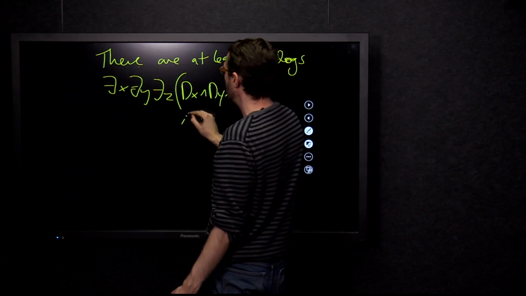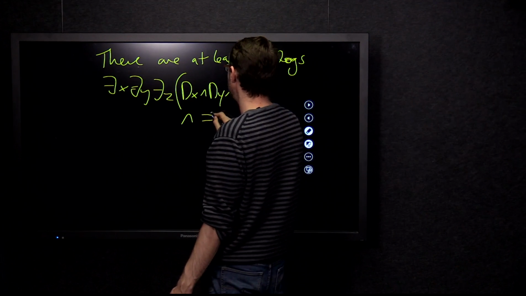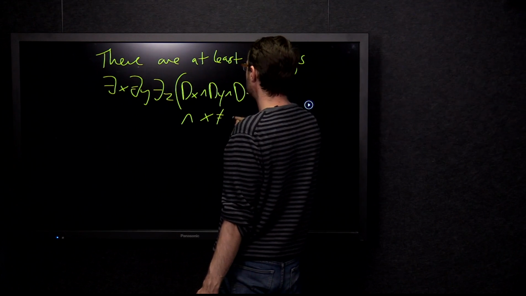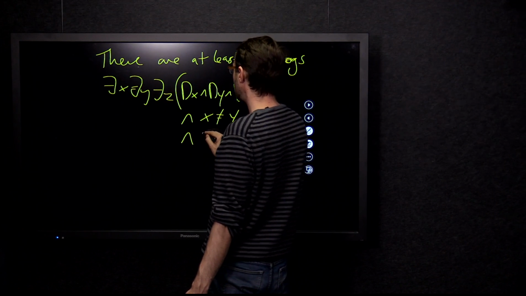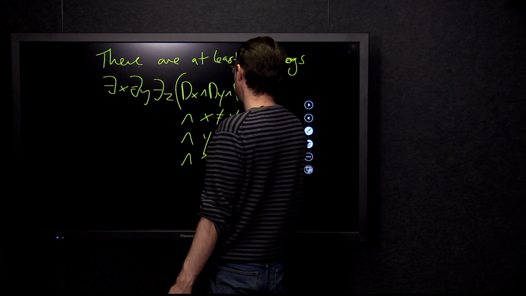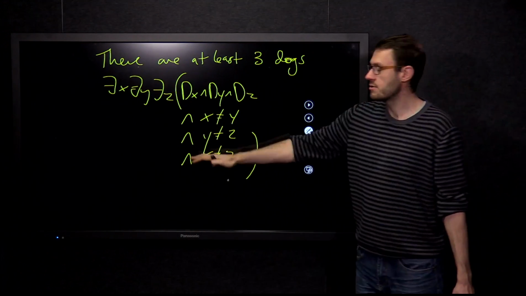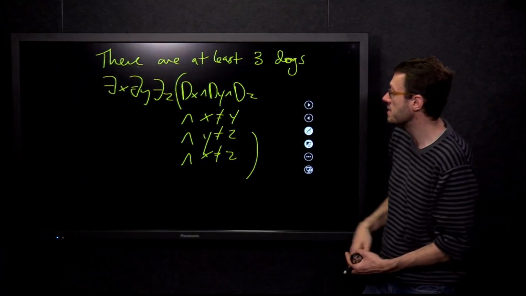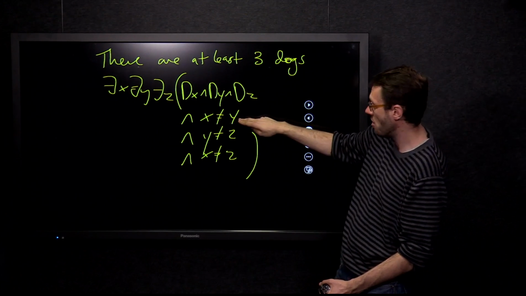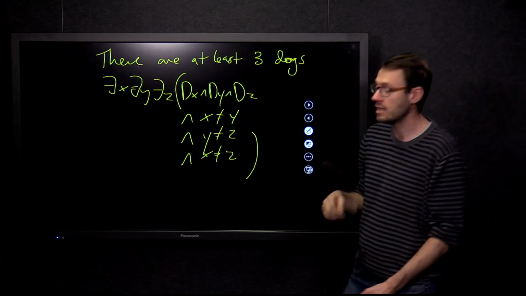So to do that, I chain a series of non-identity or distinctness statements to this particular claim. So I say things like X is not identical to Y, and Y is not identical to Z, and X is not identical to Z. So if I add these 3 conjunctions to it, what I'm saying is there are at least 3 dogs, and the first dog is distinct to the second dog, and the second dog is distinct to the third dog, and the first dog is distinct to the third dog.